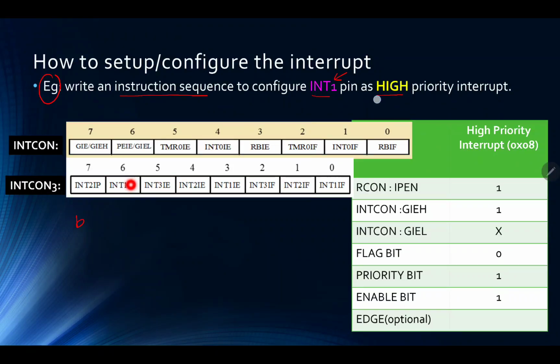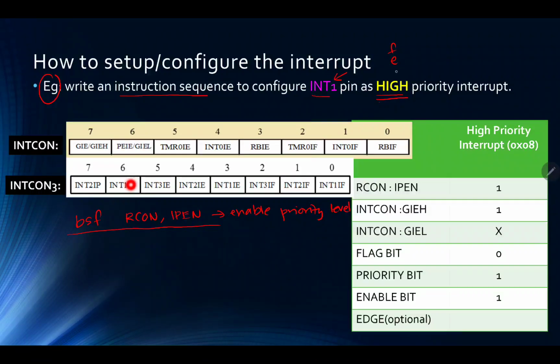Because here it is high priority, you always want to set the RCON IPEN bit. This will enable the priority level. This must always be there. Then let's try to configure. There are 3 control bits, right?